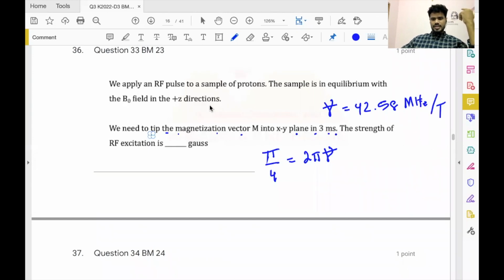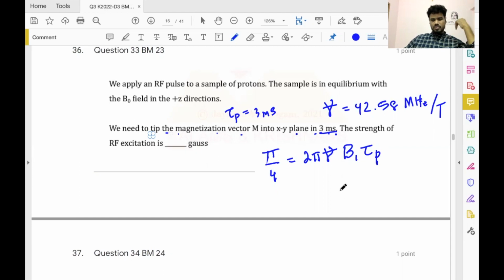Okay, and this times the magnetic field in Gauss, right? So B1 times tau p. Tau p is going to be 3 milliseconds. So we want the field strength in Gauss.